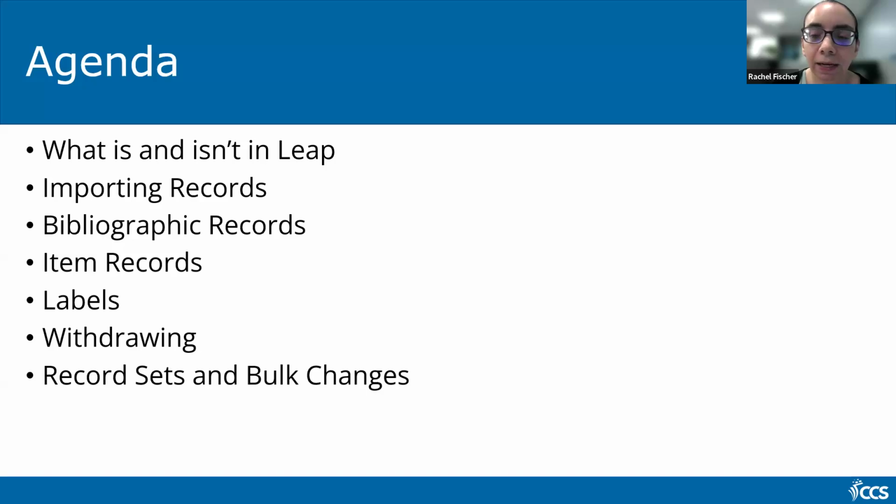The tasks I'll cover today include importing records, editing and creating bibliographic records, creating item templates, editing and creating items, printing labels, withdrawing items, and I'll also review some issues related to record sets and bulk changes. And I will allow you some time to practice editing with the new Mark editor during the webinar so that you can see if you have any questions about it while we're going through the different tasks.